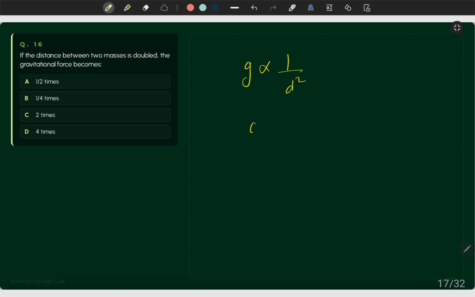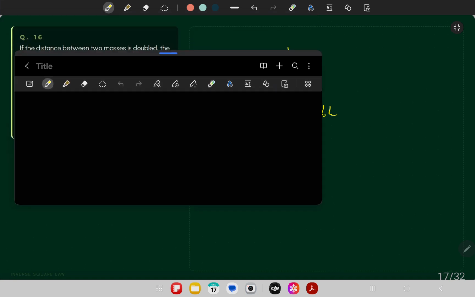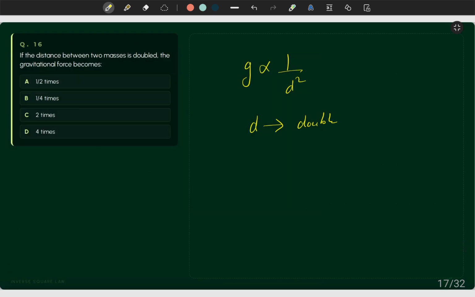So if the distance is doubled, force will also be proportional to 1 by square of the distance, and in that case F2 by F1 is proportional to D1 square by D2 square.